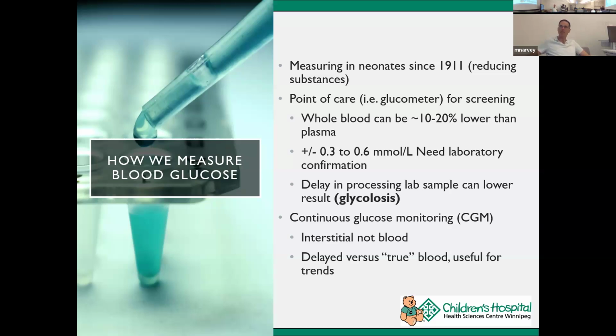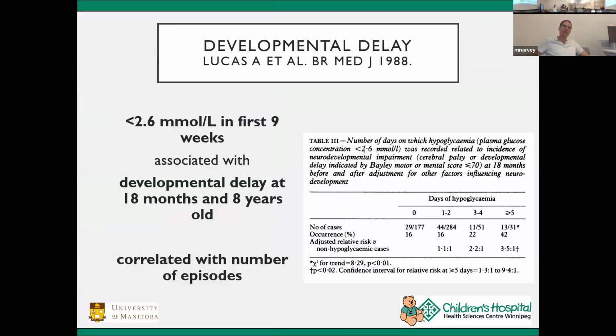And I mentioned a little bit about continuous glucose monitoring already. Now, what about developmental delay? One of the first studies that looked at this is by Alan Lucas. This was an unusual study for him because he made his name in neonatal nutrition, and you've probably seen that name come up before in nutritional literature. But what he wanted to look at was what level of blood sugar is important.